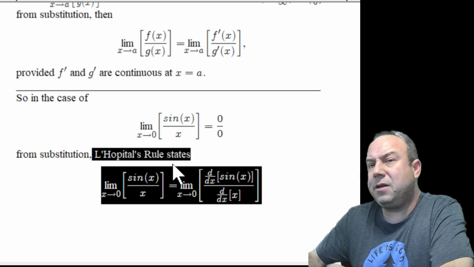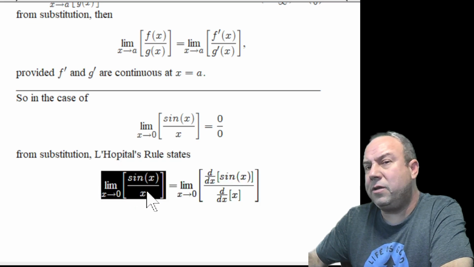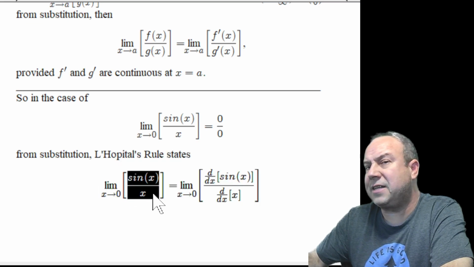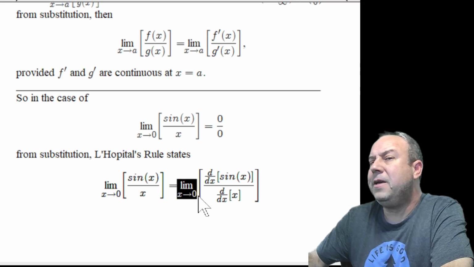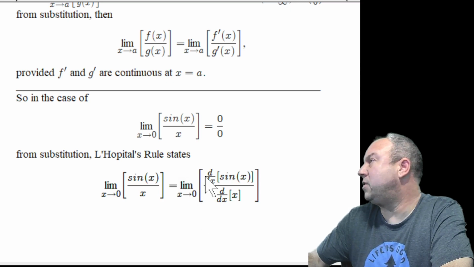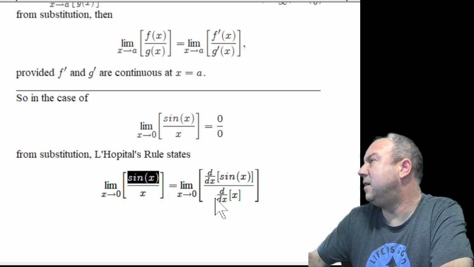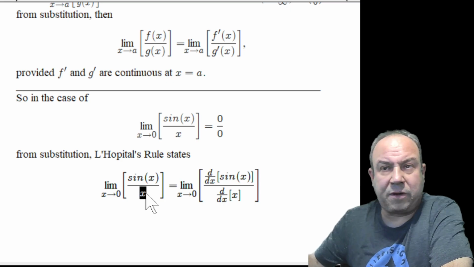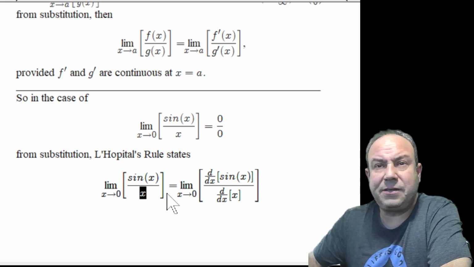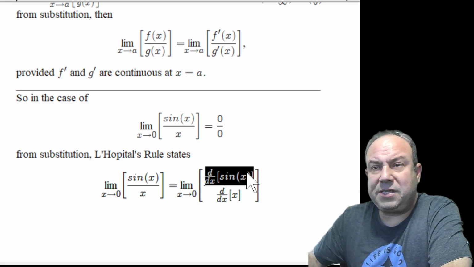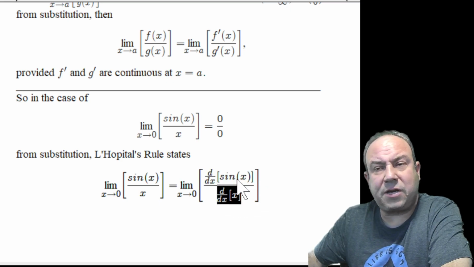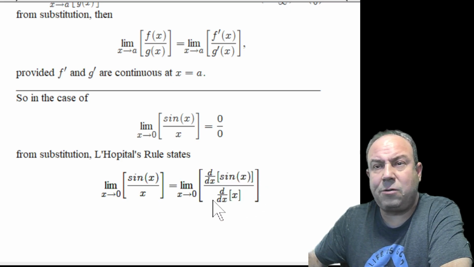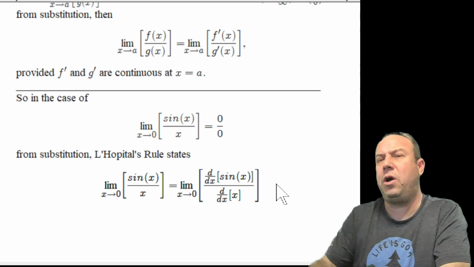Where L'Hopital's rule then states that if we want to know the limit as x approaches 0 for sine x divided by x, this would then be the limit as x approaches 0 for the derivative of the numerator, the derivative of sine x, divided by the derivative of the denominator, the derivative of x. And as we said, these two derivatives are not tricky to find. The derivative of sine is cosine, the derivative of x is 1.